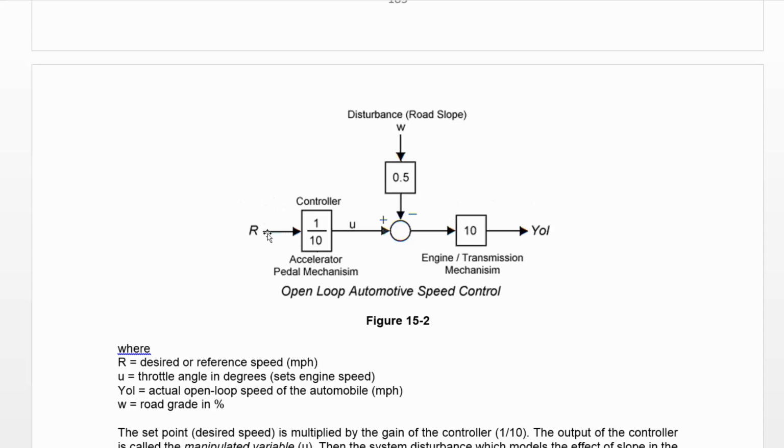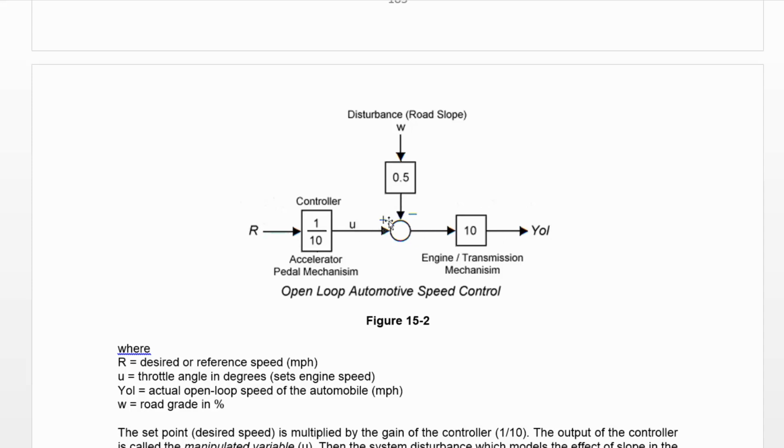So we got an input speed coming in. We have our controller. We have a disturbance that affects the output. That output goes into the engine transmission, which in this case would slow down the engine transmission. And we get an output speed, which, if there's no slope, our input and our output are the same.